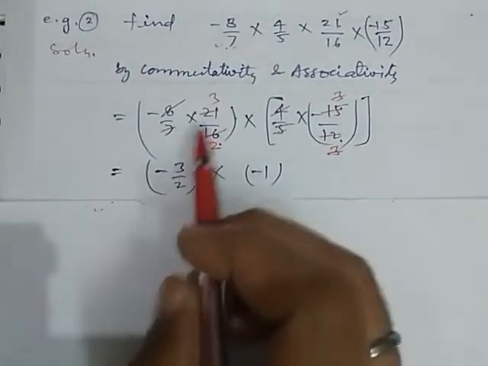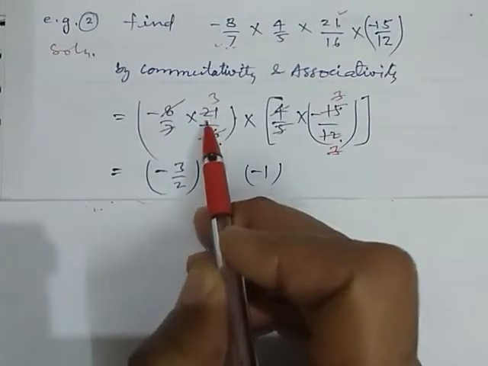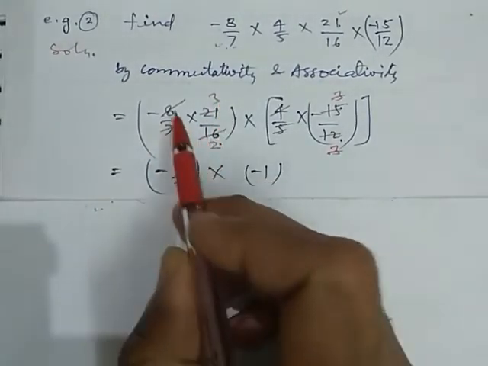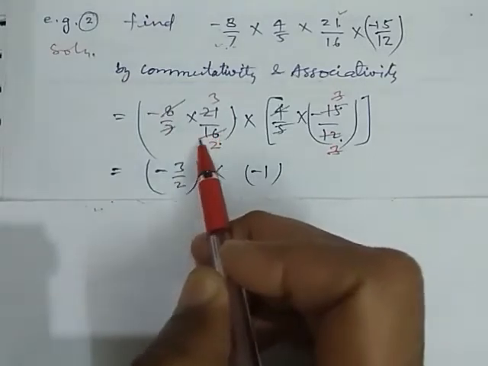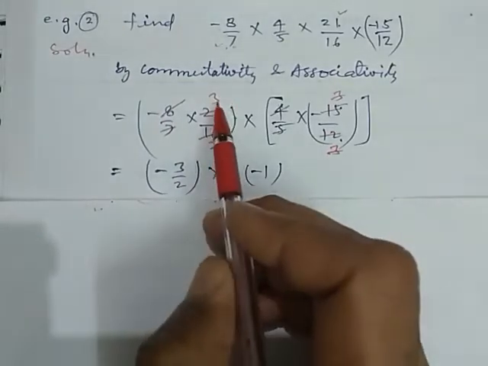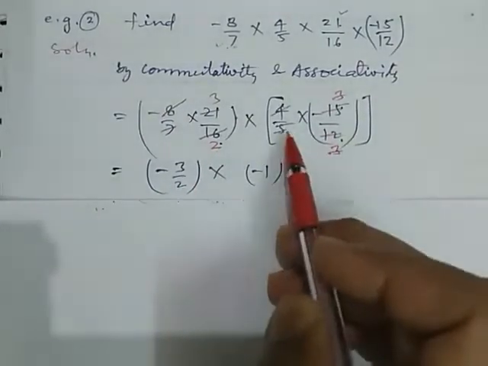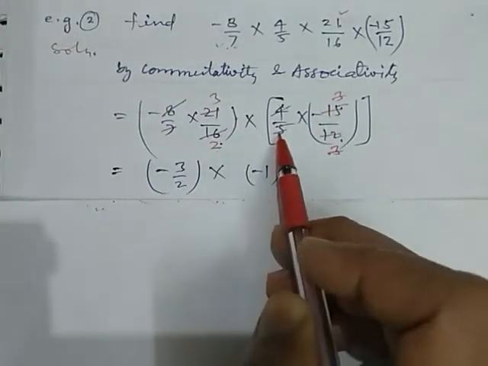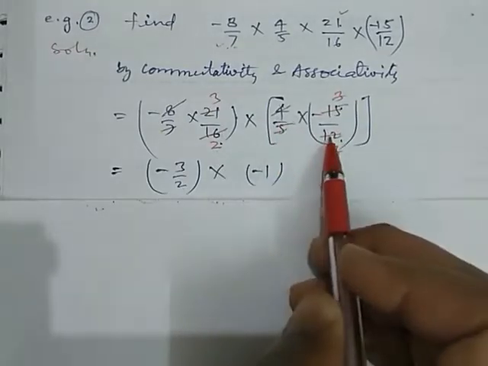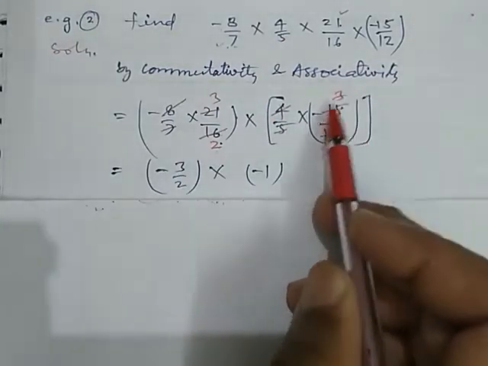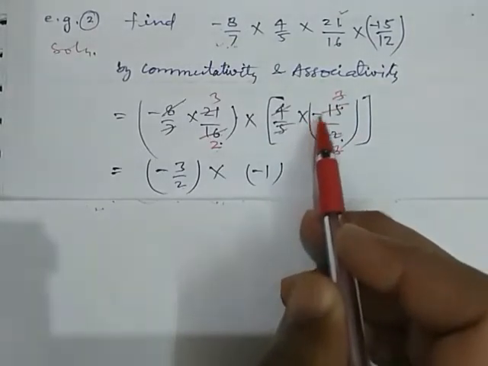Now we can solve this. 21 divided by 7 is 3 times, and 16 divided by 8 is 2 times. So this reduces to minus 3 by 2. Here 15 divided by 5 is 3 times and 12 divided by 4 is 3 times, and this 3 cancels out by this 3 and we get only minus 1.